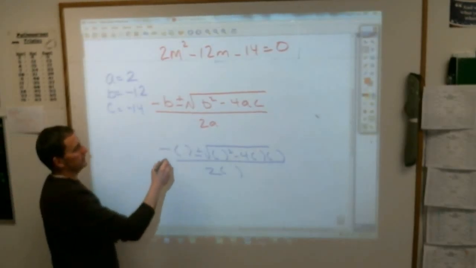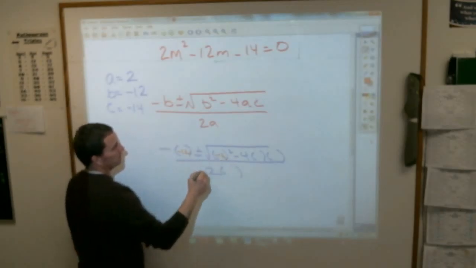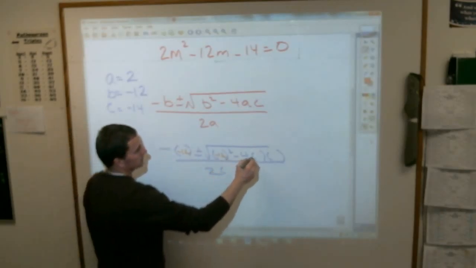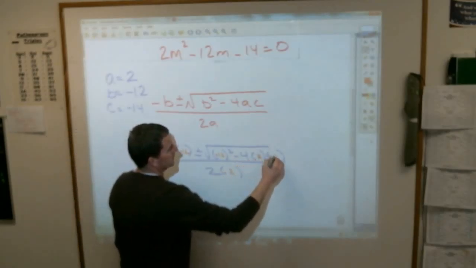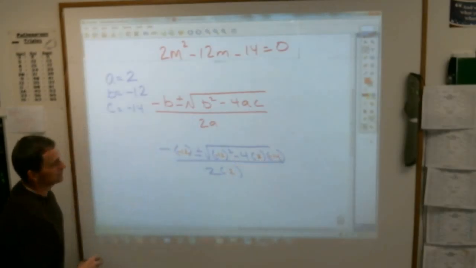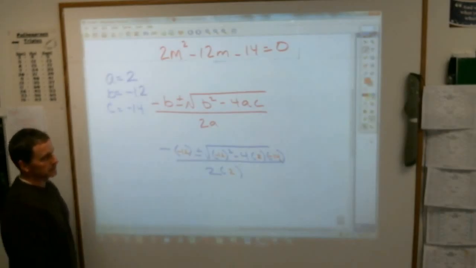So negative 12, negative 12, A is 2, and C is negative 14. Yours should look something like that, if not exactly like that.